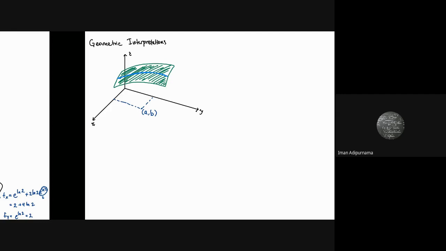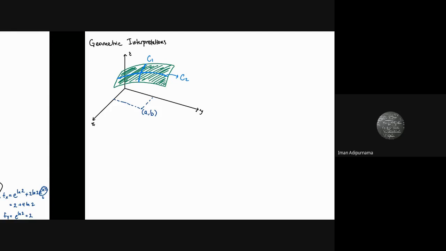So let me mark this as C. This is C1 and C2. Okay, so this plane is having a curve that lies on that plane. Let's say we have C1 and C2.